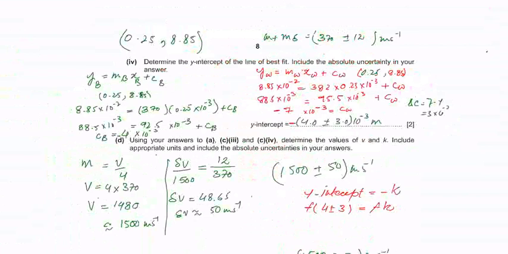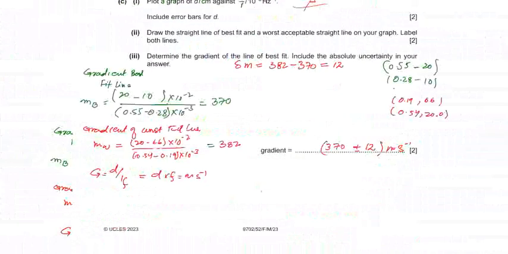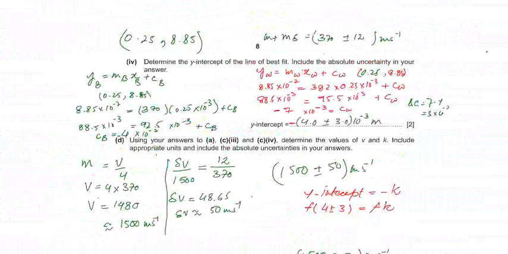Same as the worst fit line, as we have got the worst fit gradient as 382. So 382 times the same 0.25 times 10 power minus 3, and for the y it is 8.85 times 10 power minus 2, and after calculation we will get the y-intercept for the worst fit line.